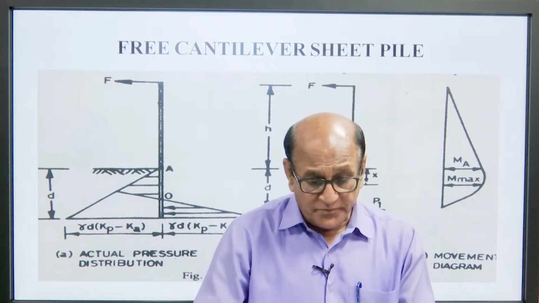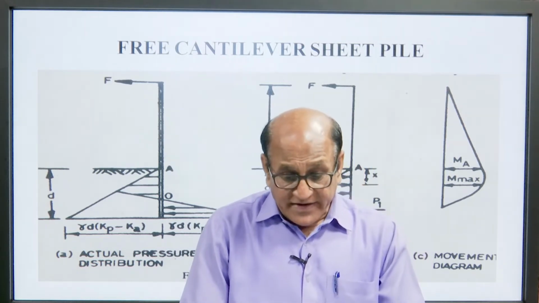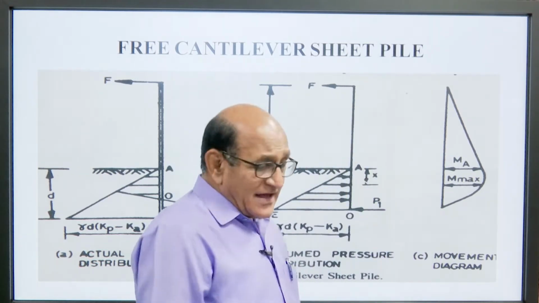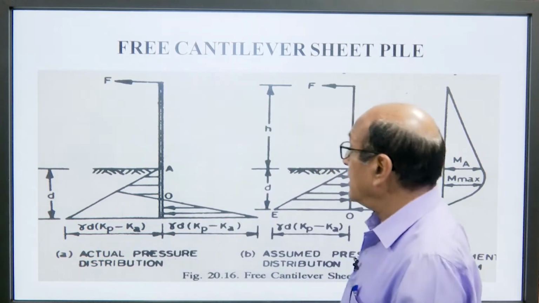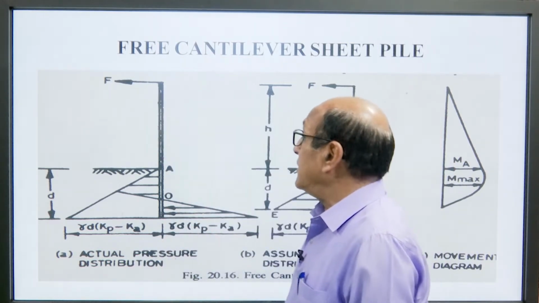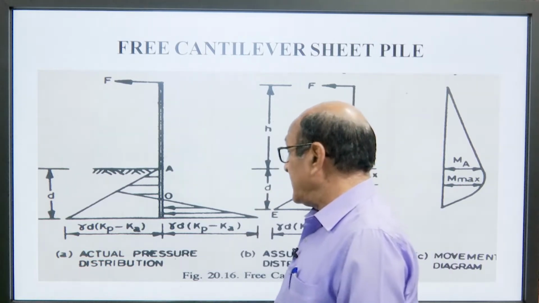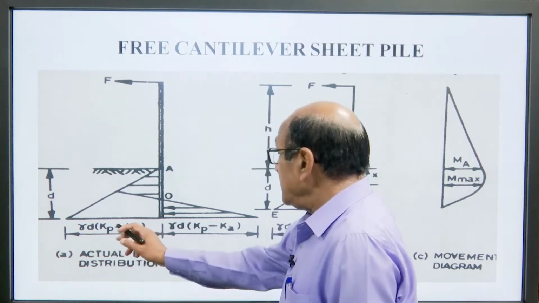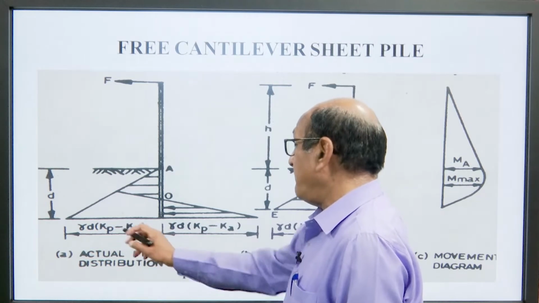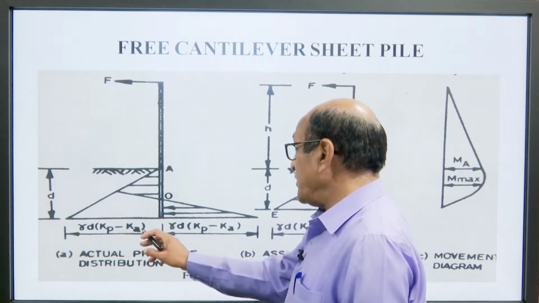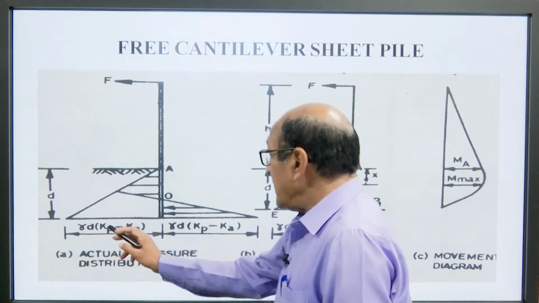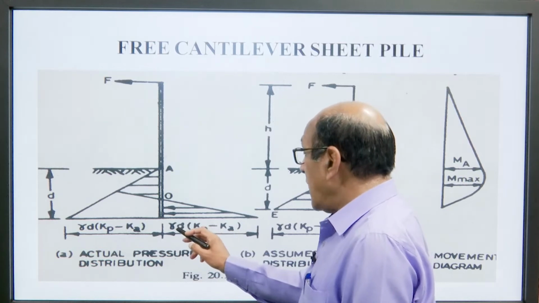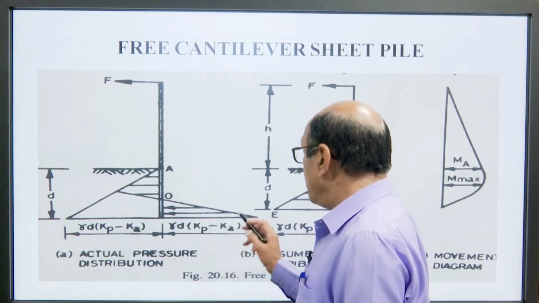Now, come to the free cantilever dredge sheet pile. We can see here F is acting towards the dredge line and this is K p, the coefficient of passive earth pressure, and K a, the coefficient of active earth pressure. So, it will be gamma d into K p minus K a, here also gamma d K p minus K a.